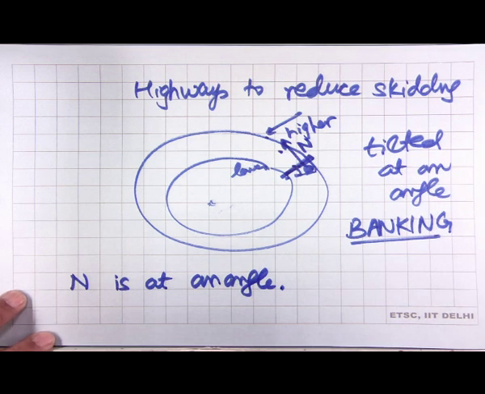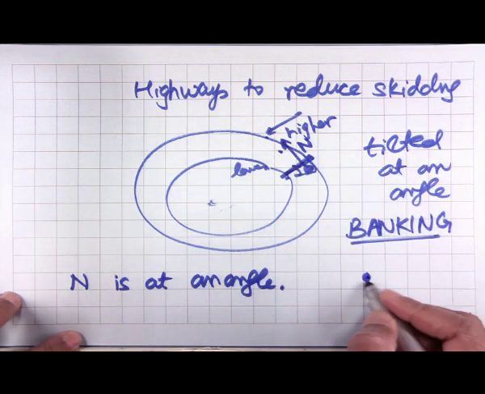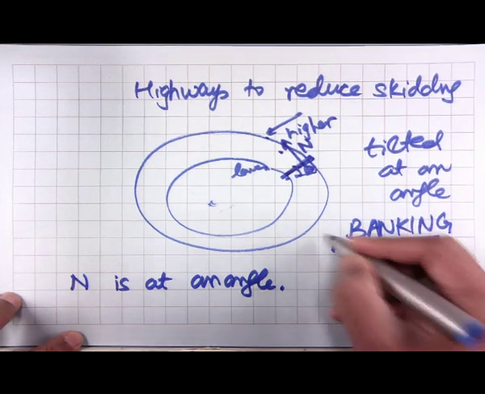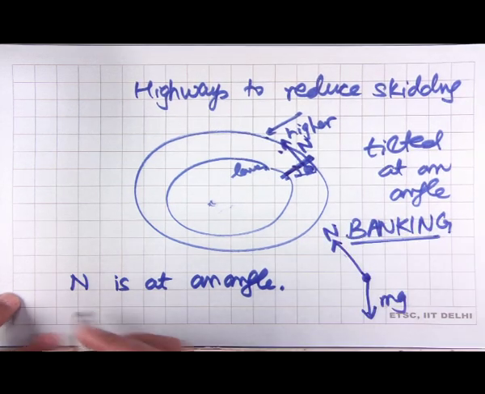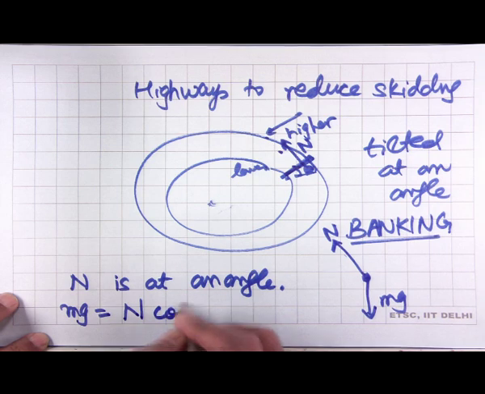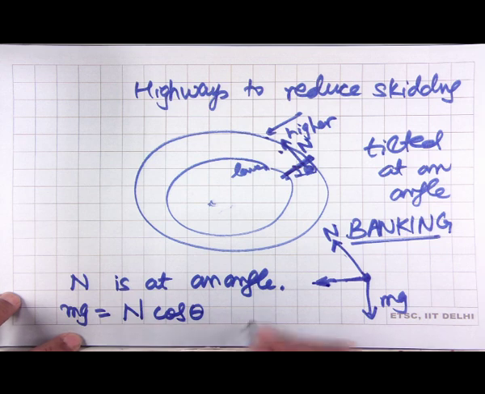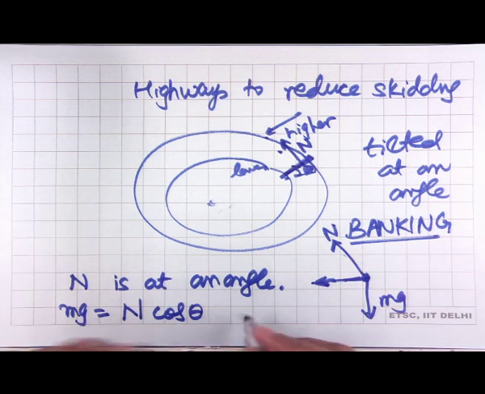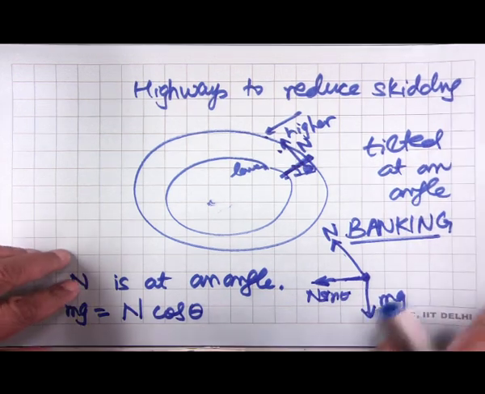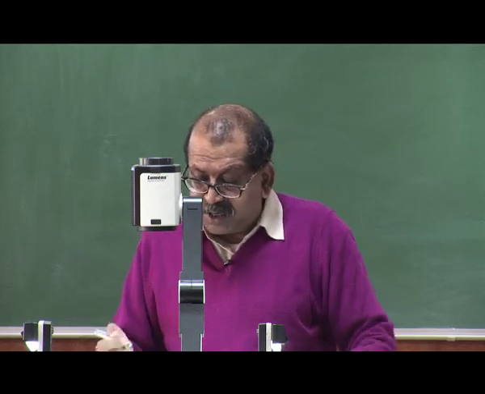If we draw the free body diagram, this is mg, this is N. So, now mg is equal to N cos theta, and a component of normal reaction, N sin theta, is the one which can provide the centripetal force.